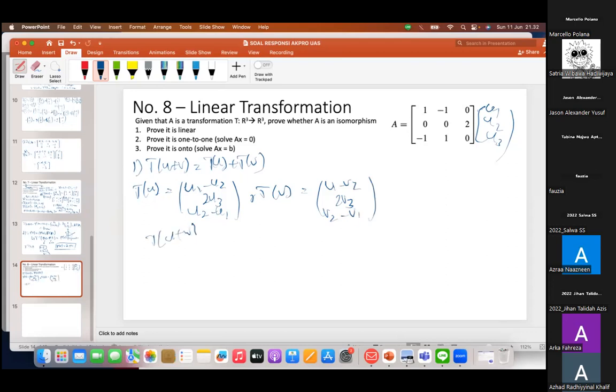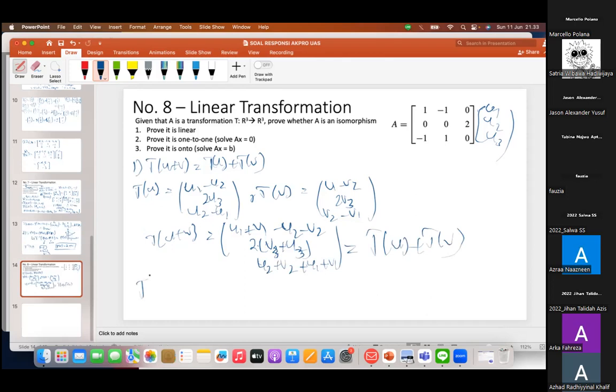And T of U plus V is (U1 plus V1 minus U2 minus V2, 2 times U3 plus V3, and U2 plus V2 minus U1 minus V1). And if you separate it, you're going to get T of U plus T of V.